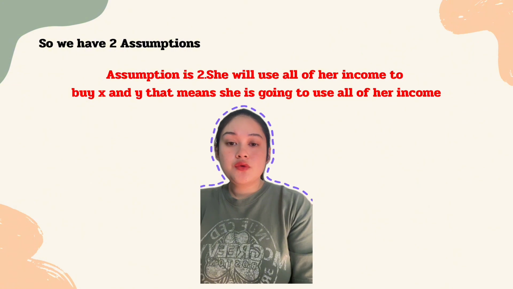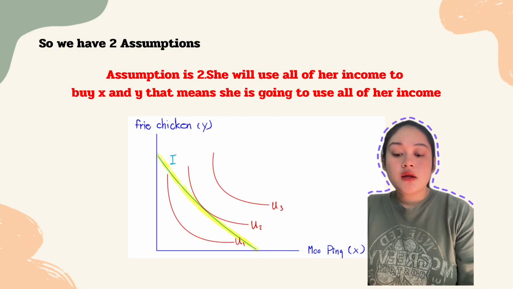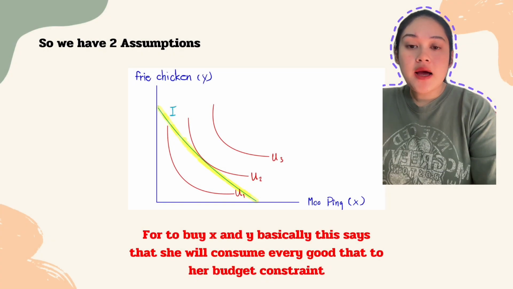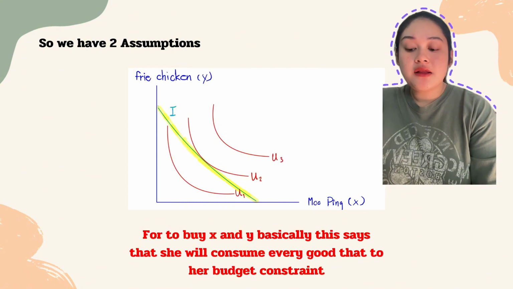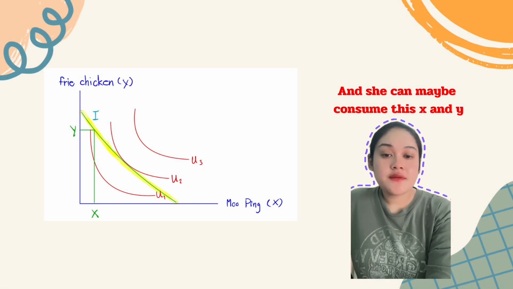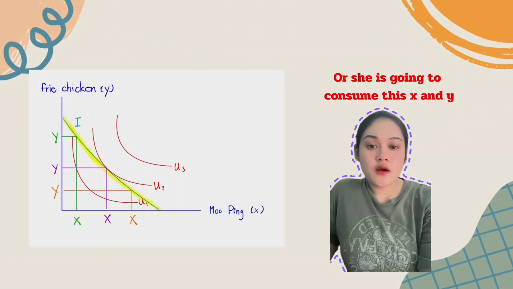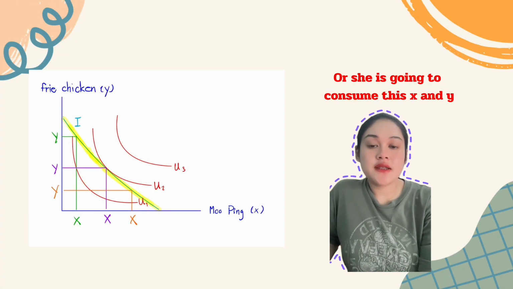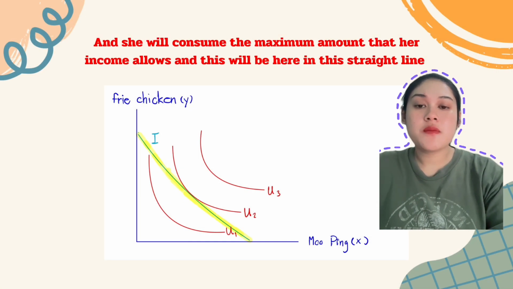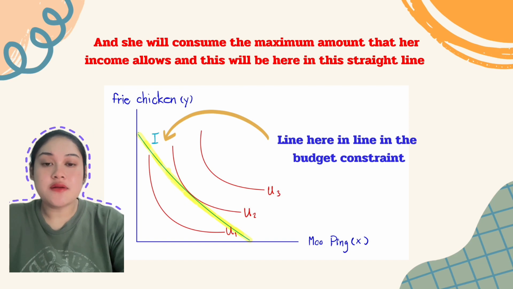Assumption 2: she will use all of her income to buy X and Y. Basically, this says that she will consume every good on her budget constraint, and she can maybe consume this X and this Y, or this X and this Y, and she will consume the maximum amount that her income allows, which will be here on this straight line, the budget constraint.